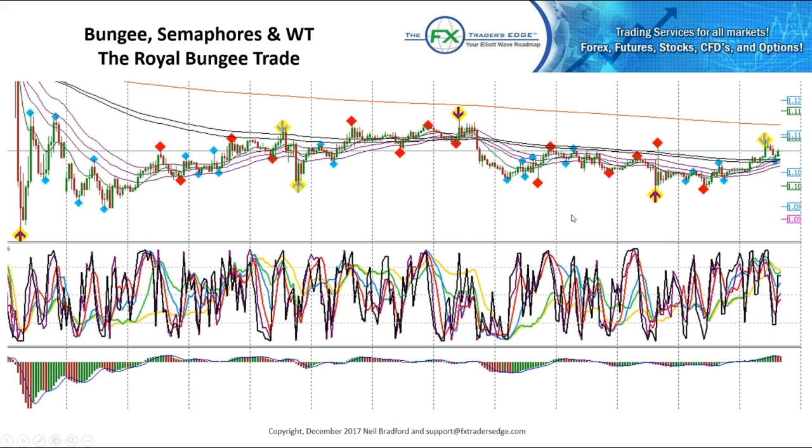So there we got it. Now there are other things to observe here as well while we're on the chart. Let me put that line up. I want you to notice across there the bungee divergences for us coming lower.